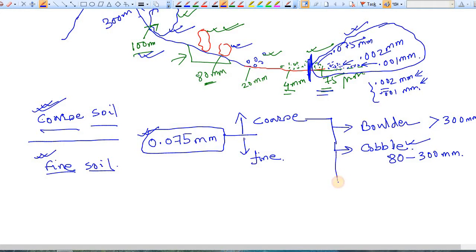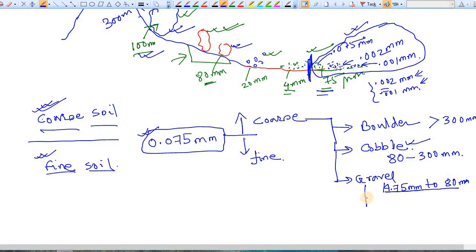Next one is your gravel. What is the range for gravel? The range for gravel is from 4.75 mm to 80 mm. But for gravel, this range seems to be quite wide.